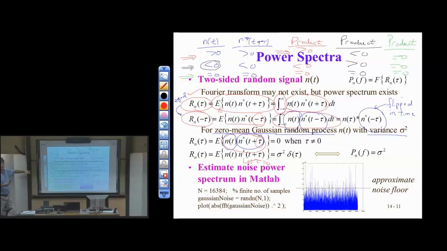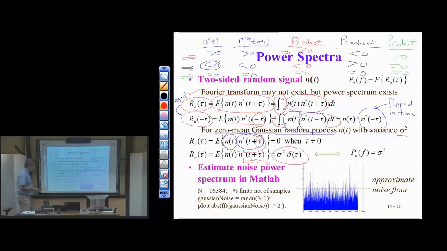So it can't be 0 anymore. So we see it as a spike. When tau is 0, all the variance piles into that point, and we get an impulsive autocorrelation. In other words, when tau is not 0, this autocorrelation function is 0. When tau is 0, the autocorrelation function is a Dirac delta, a continuous impulse.